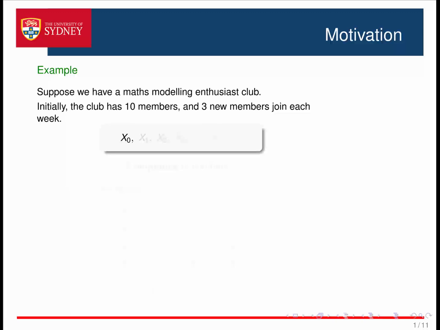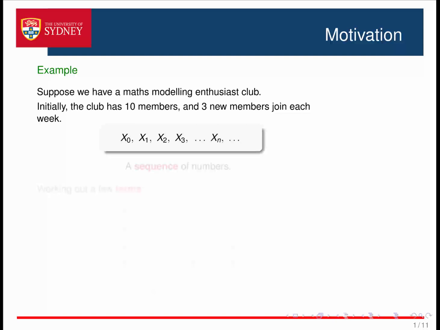So let's give these things some names. Let's call the number of people initially in the club x0. So the number of people in the club after 1 week is x subscript 1, which throughout this module we will call x1. And the number after another week is x2. And after another week it's x3.